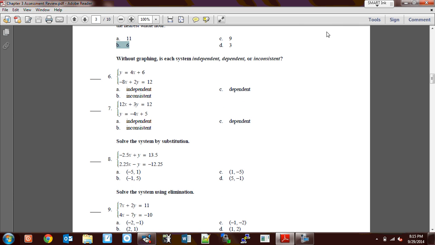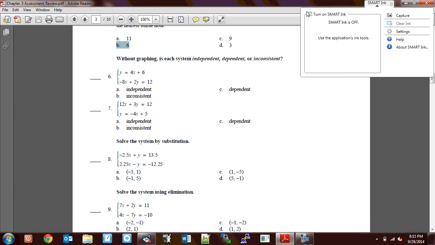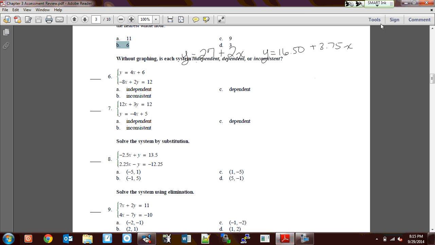All right, number 6 and 7 says do this without graphing. Keyword there, without graphing. This one's already solved for y, so why don't we go ahead and do this one. So add the 8x plus 8x. That would be 2y equals 8x plus 12.